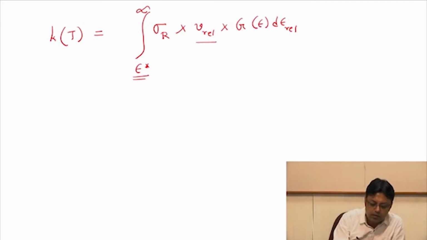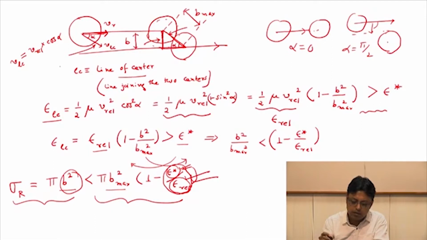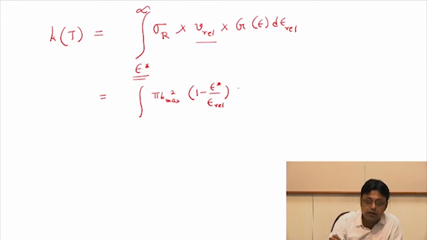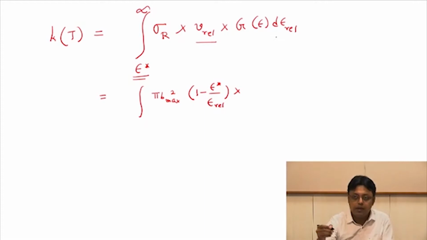So we know that this sigma r is nothing but pi b max squared, as you can see here. It is pi b max squared into 1 minus epsilon star by epsilon relative, and then it is multiplied by v relative, but I cannot write v relative because I'm integrating in the energy frame.